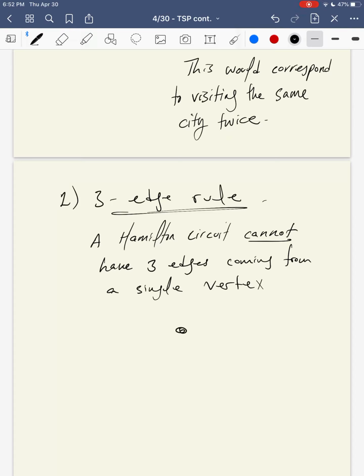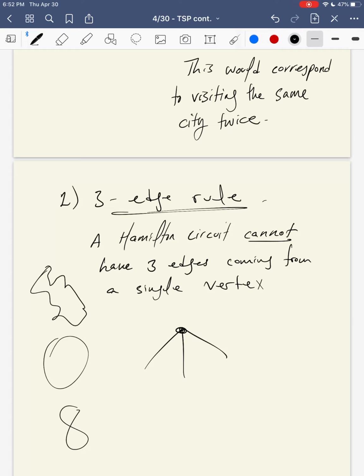And what that one means is, if we have 3 edges coming out, well, the big thing here is that on every circuit, every vertex has exactly degree 2, because you go in and you come out. It doesn't matter how you draw a circuit, a closed path, whether it's like that, or like this, every vertex is going to have degree 2, because it goes in and then it goes out again.